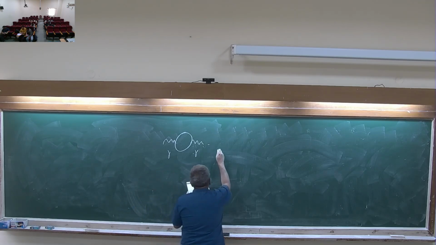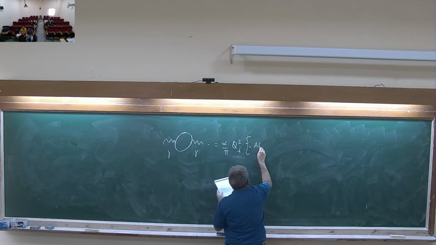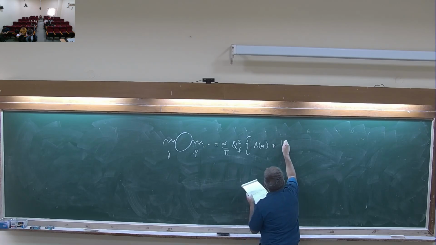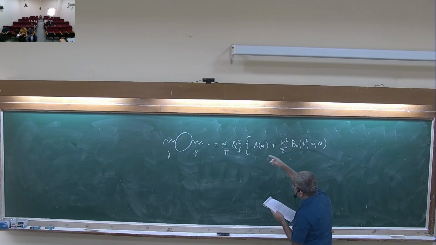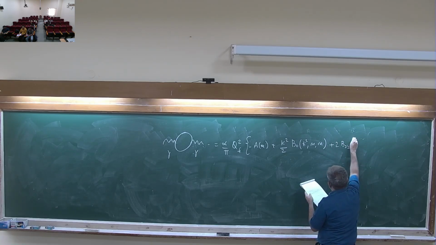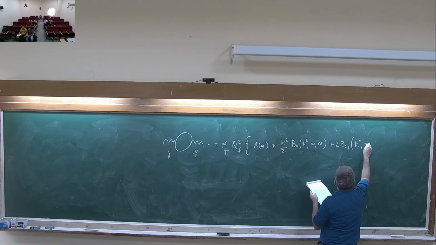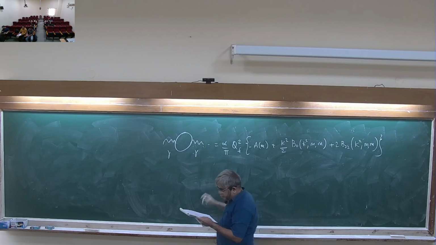So gamma gamma is equal to alpha by pi, Qf square, with fermion mass m and momentum k square, if there is one fermion going in the loop. So Q of the fermion, summed over all fermions, of course.